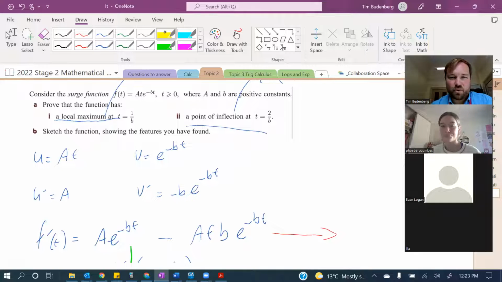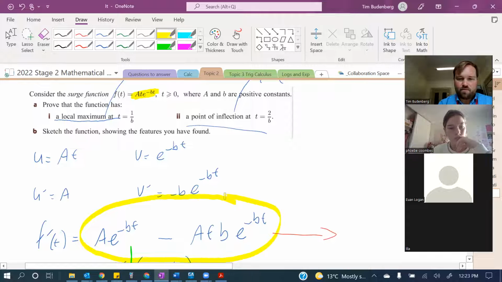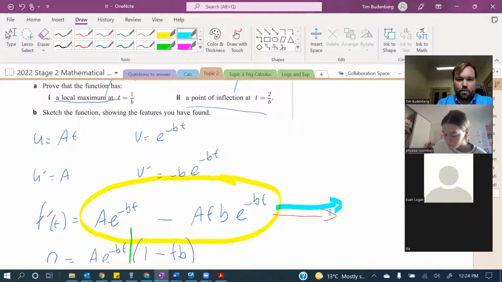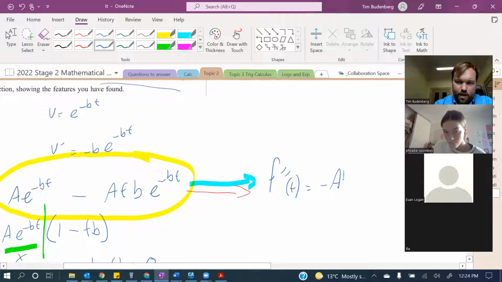Awesome. You see how that AT to the minus EBT differentiated to this after we did the product rule? Basically, when we want to find the second derivative, we're going to take this to one side and differentiate the first portion just regularly. So f double dash t will equal minus AB e to the minus BT.